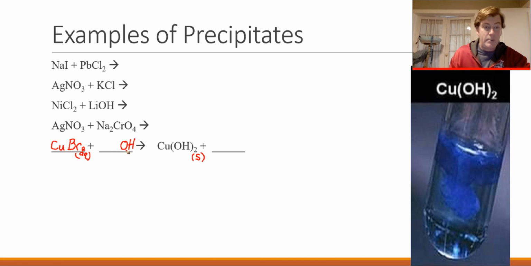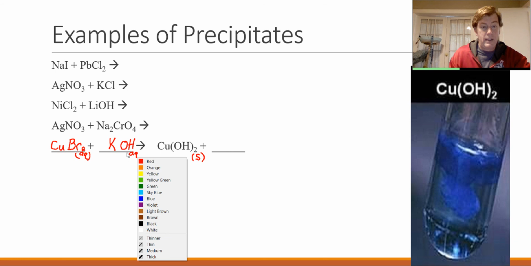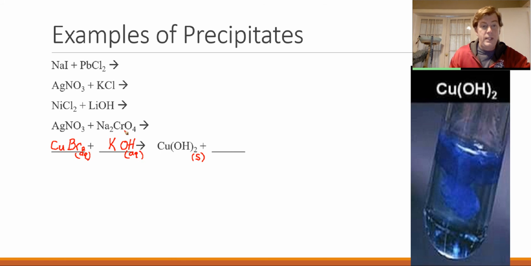Now we gotta get something to get the hydroxide soluble. So alkali metals work, or ammonium, so we could put potassium hydroxide. That would be aqueous, right? So both of these need to be aqueous, unlike what I did up here. That was wrong, sorry.